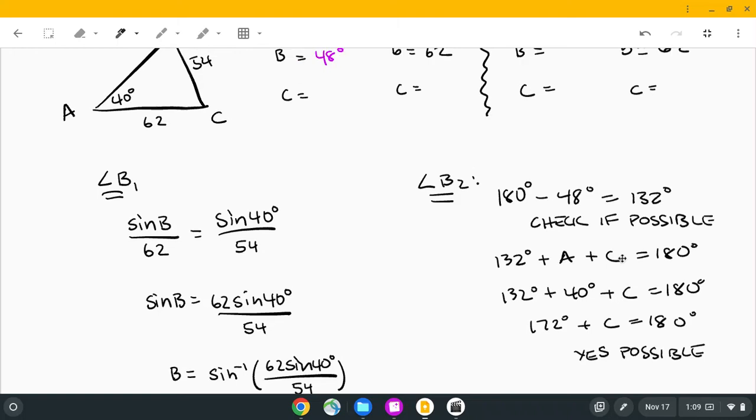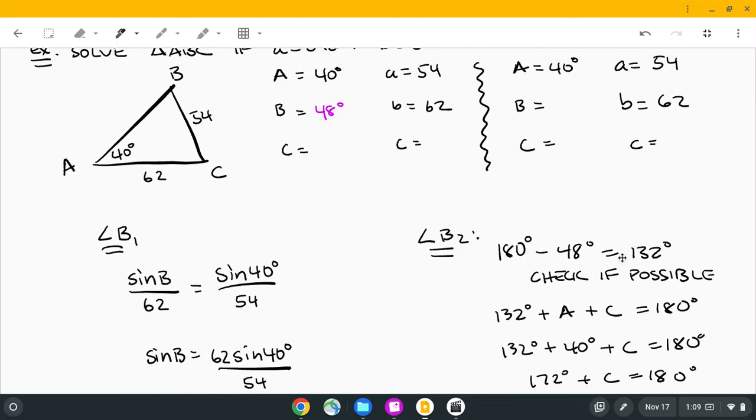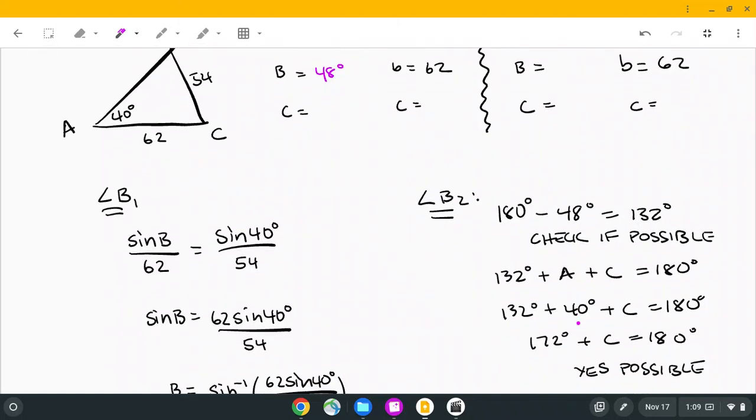Okay, so let's go ahead and fill in our second triangle. So angle B2 is 132. Okay, right here, this is angle B2. So that is 132, and then our angle C turned out to be 8.